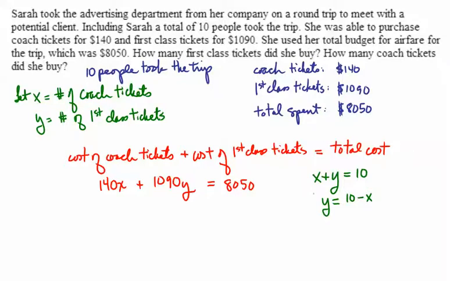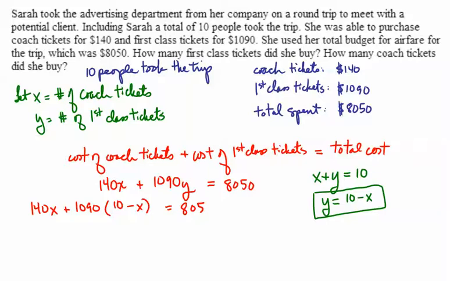Now I'm going to take that information, that other name for y, and I'm going to plug it into the first equation. So I have 140x plus 1,090. Instead of y, I'm going to put 10 minus x in parentheses, set that equal to $8,050.